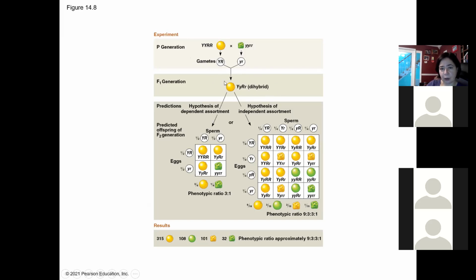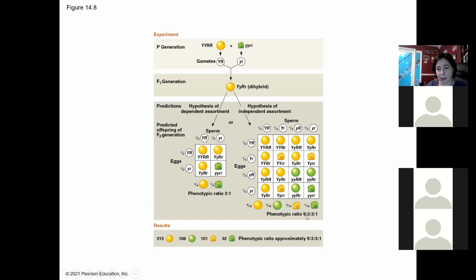So the F1 generation, they are all dihybrids for yellow and round. And in a dihybrid, you just have more variations, so more variations in the segregation. So sperm and egg could have different sets of genes. They can come as yellow round, yellow wrinkled, green round, green wrinkled.